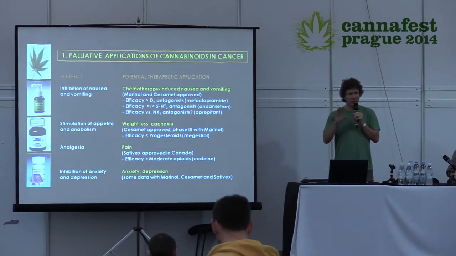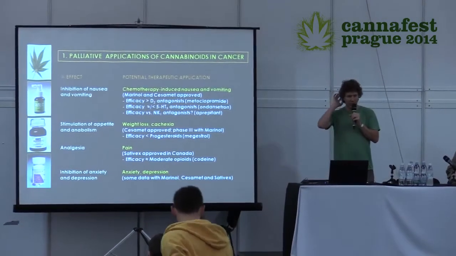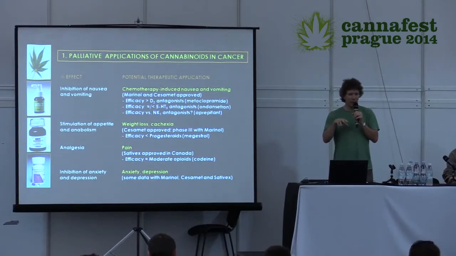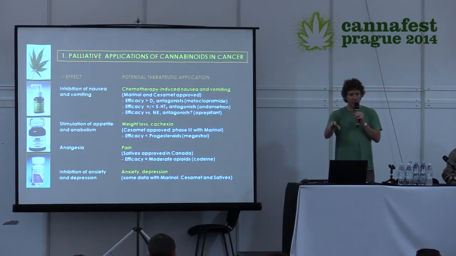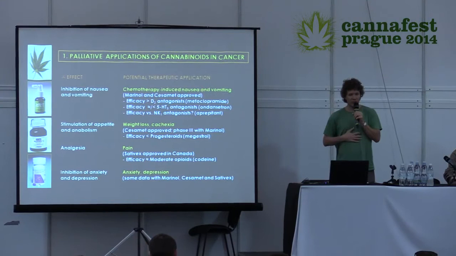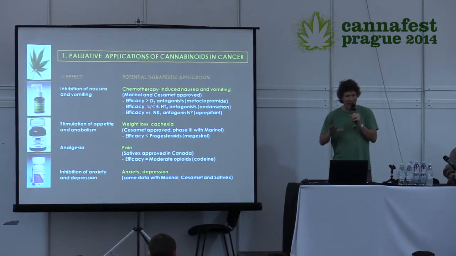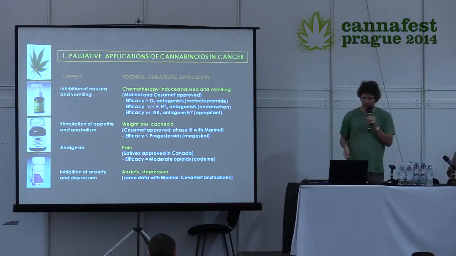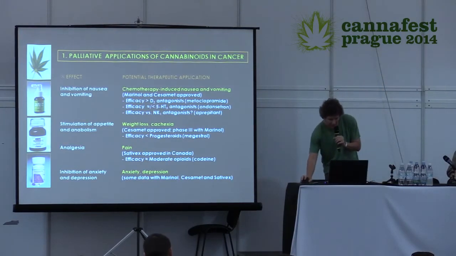So cannabinoids have receptors in some parts of our brain stem, on the lower part of our brain, and also on the nerve terminals that control the contraction of the esophagus, so cannabinoids relax those contractions. Therefore, they inhibit the reflex of nausea and vomiting.